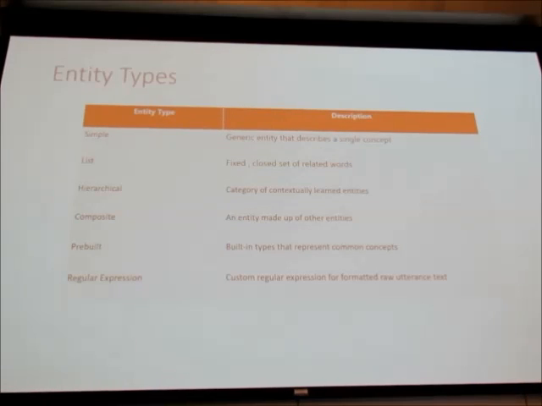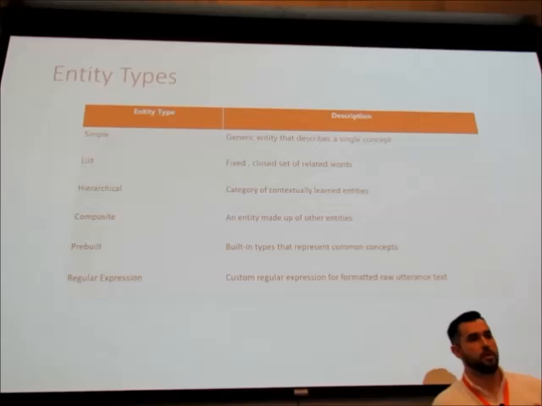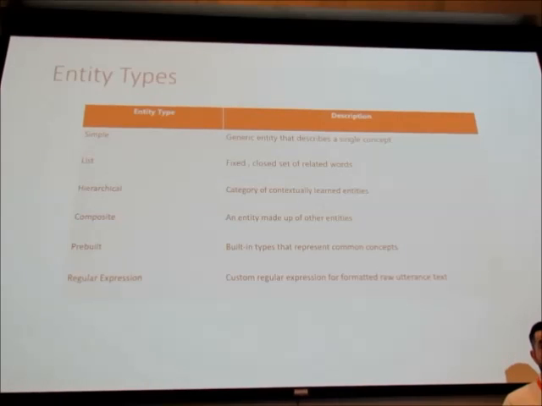When it learns from one simple entity, it will apply to the other. We have list entities that are exact matches. These are really good for keeping the domain closed. Let's say we had a hard-coded list of all the airports: YYZ, Billy Bishop, all of the possible combinations of airports. We could put that in a list entity, and our model will start picking that up.